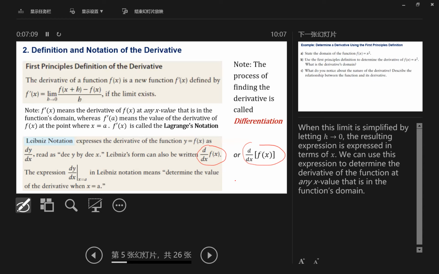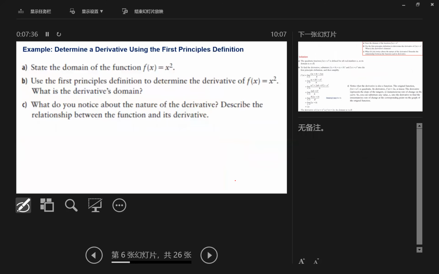You understand? Once this limit is simplified by letting h approach 0, the resulting expression is expressed in terms of x. We can use this expression to determine the derivative of the function at any x value that is in the function's domain. Okay, next let's have a look at an example to illustrate this concept here.